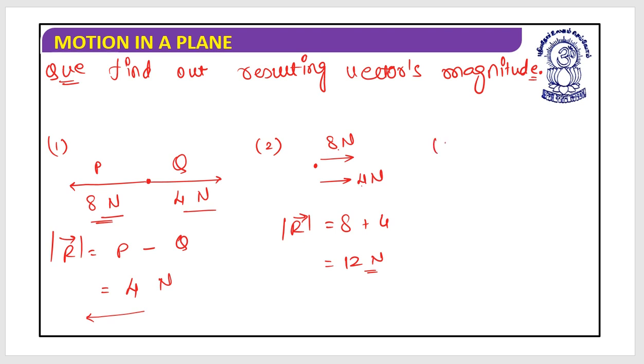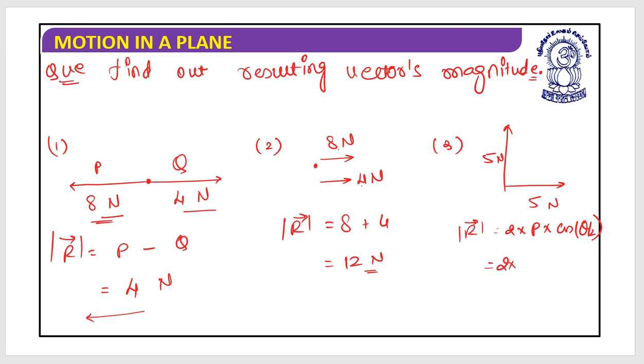Now next, the third case. Let's say the situation is something like this. This is the first vector, this is the second vector, this is 5, this is 5 Newton. So the magnitude of R is 2 P cos theta by 2. I hope this is clear.